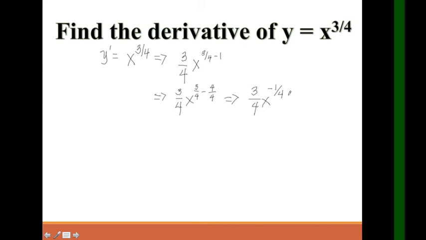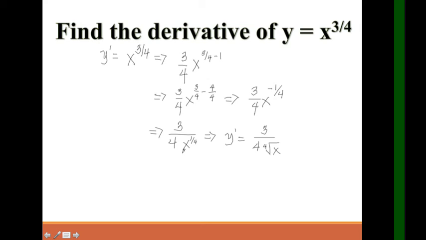To make negative 1/4 positive, we take its reciprocal. So we have 3 over 4 x raised to 1/4. And then, in a simplified version, we have the derivative of y equals 3 over 4 times the fourth root of x.